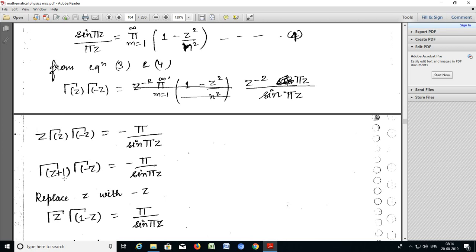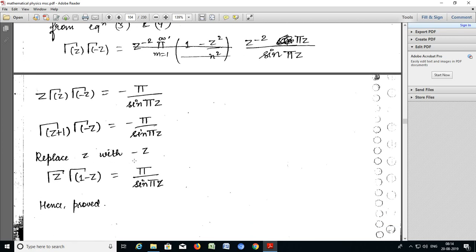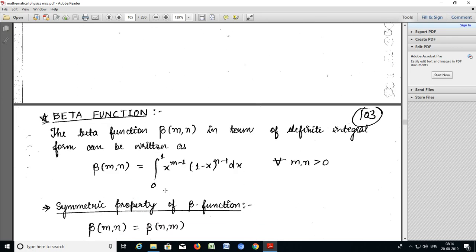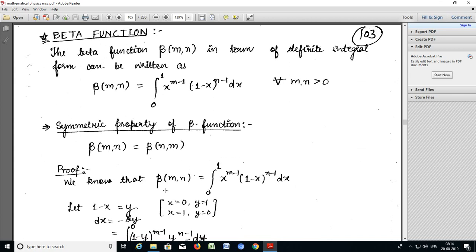Or gamma z plus 1, gamma minus z, that is equal to minus pi over sine of pi z, because this whole term can be written as gamma of z plus 1 by definition. Replace z by minus z. So you can write here gamma z, gamma 1 minus z, this is equal to pi over sine of pi z, which proves the answer.